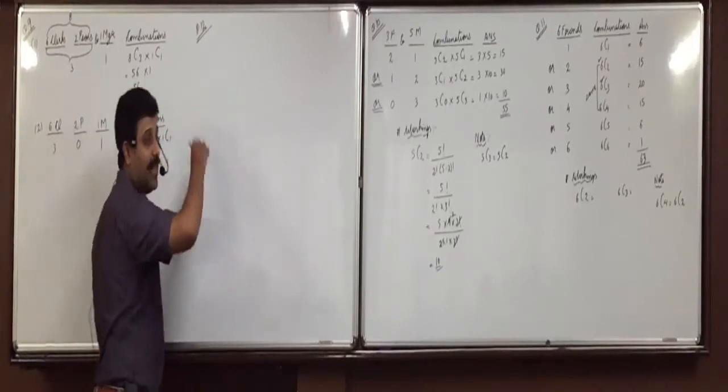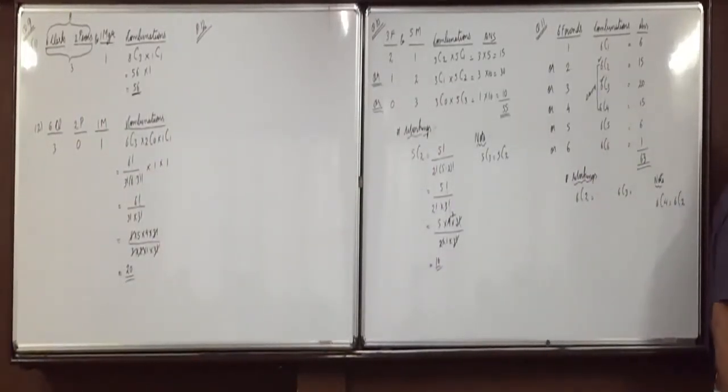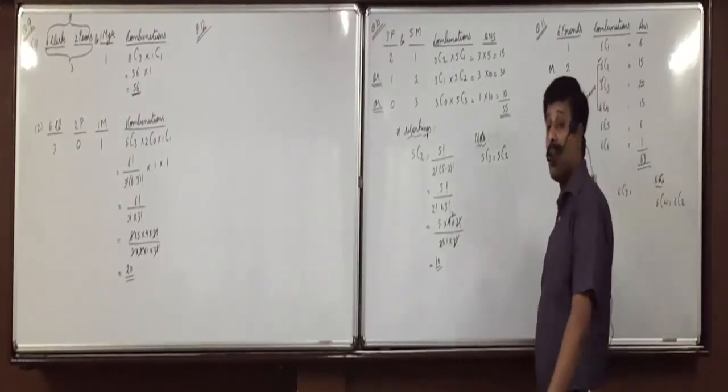Now look at question 12. In how many ways can 5 books be selected from 8 different books so that a particular book is always selected?